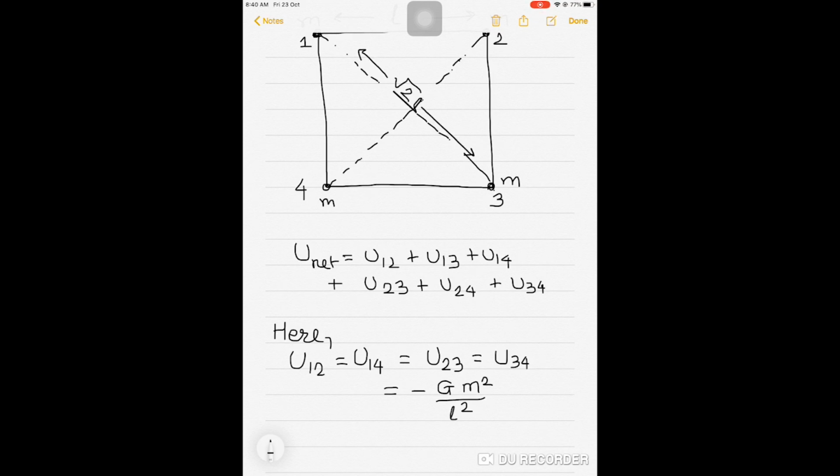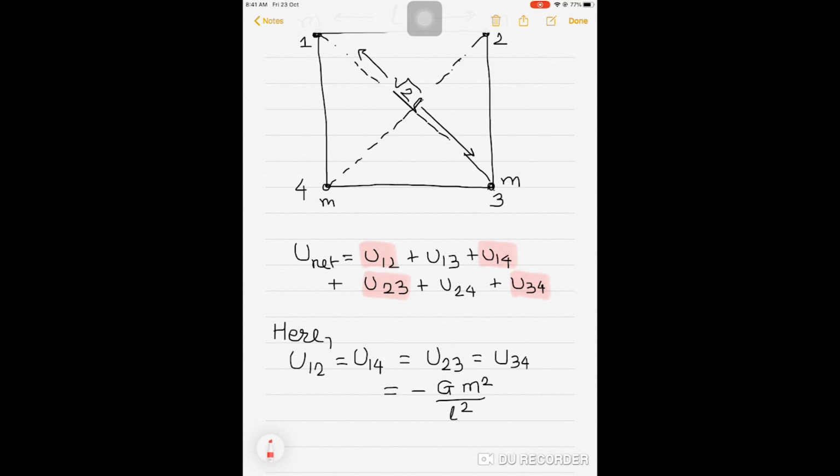So here we have a total of 4 terms: U12 is the first part, U14 another, U23 the third one, and U34 the fourth one.